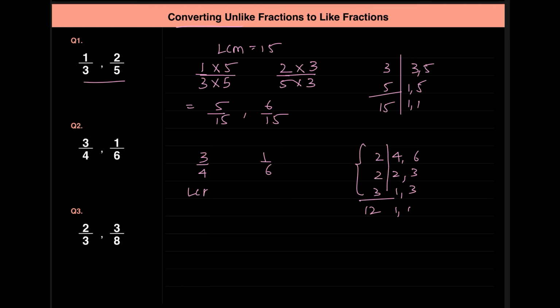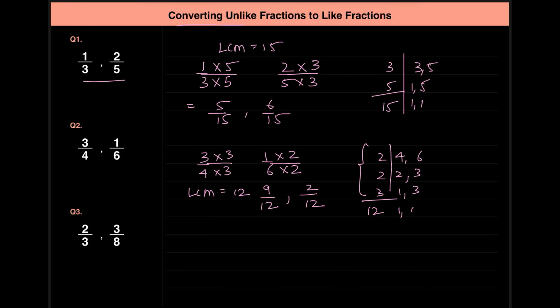Now the LCM over here is 12. How do we make it 12? We have to make the denominators 12. 4 3s is 12, into 3, into 3. 6 2s is 12, into 2, into 2. Now just multiply them. 9 upon 12 and 2 upon 12. That's it.